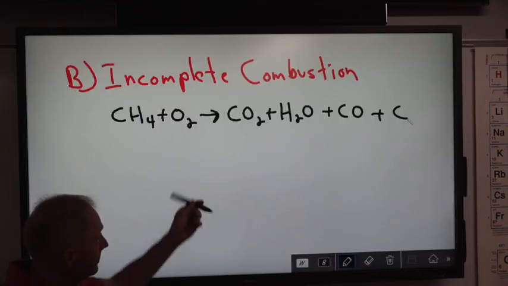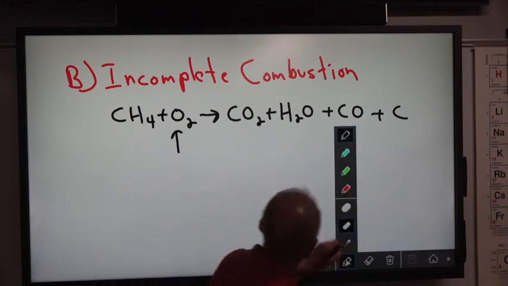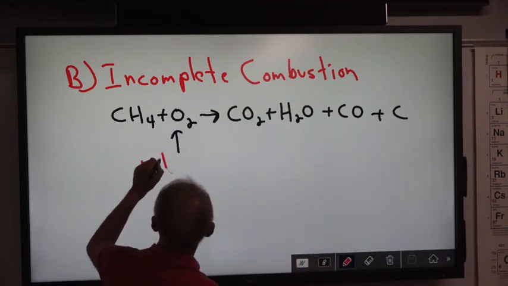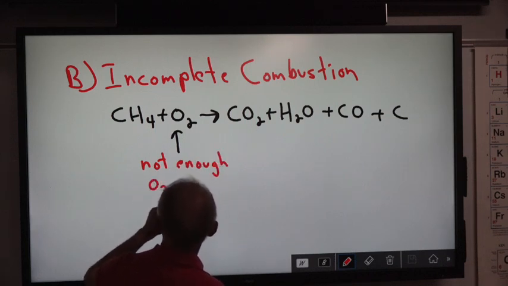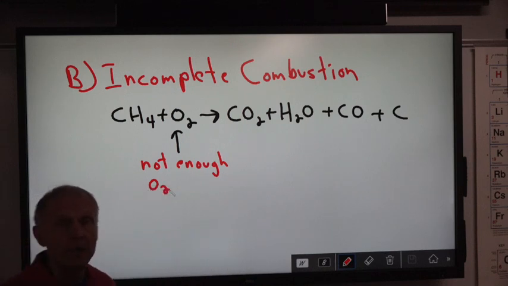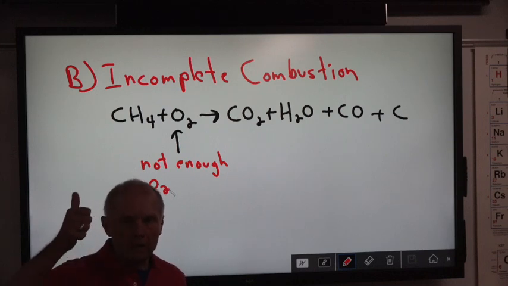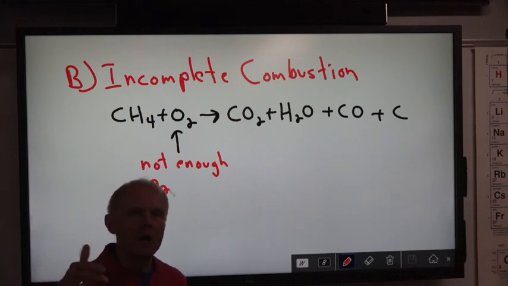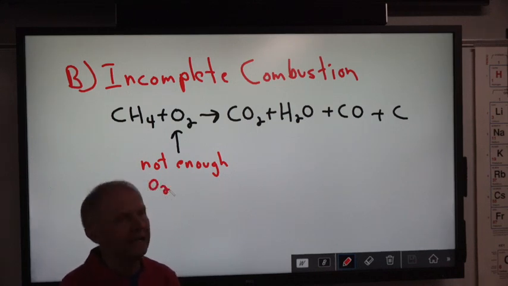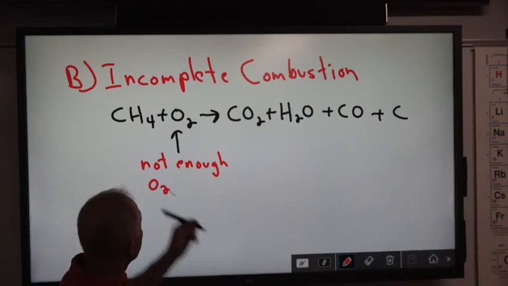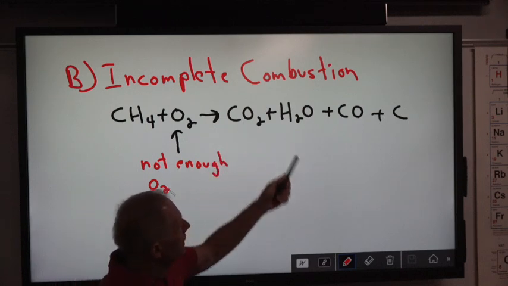Now, okay, so now incomplete combustion, like I said, is just about every type of engine there is. Ship engine, plane engine, car engine, truck engine, motorcycle, lawnmower, weed whacker, any gasoline-powered engine is going to be incomplete combustion because there's not enough oxygen to make it all CO2 and H2O.